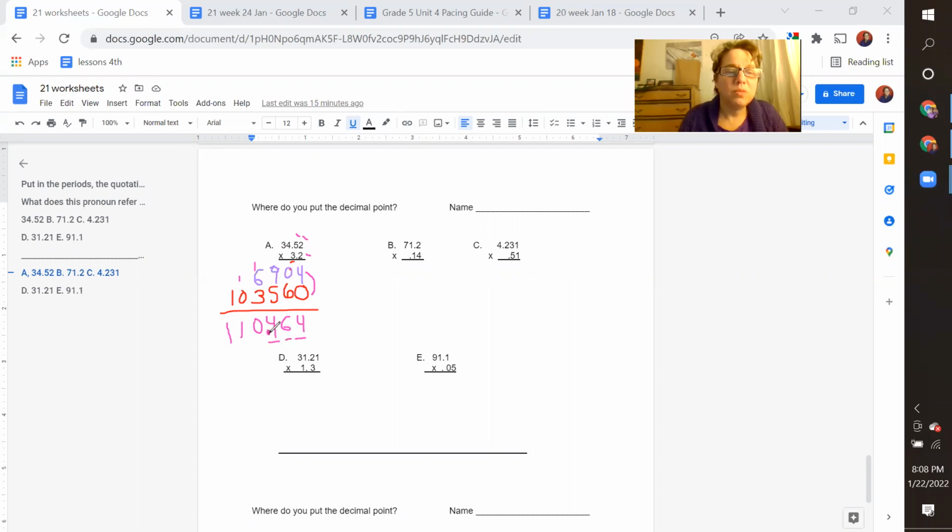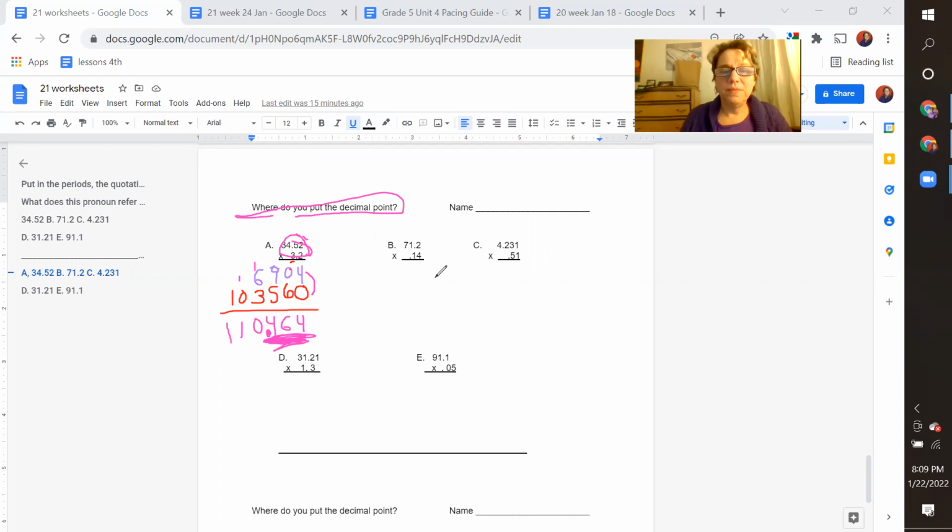I put the decimal point here, and that looks right because 34 times 3 is about 12, right? So that looks about right to me. The important part that we're studying here is where do you put the decimal point? There's 3 numbers here, and so there's 3 numbers after the decimal point here.